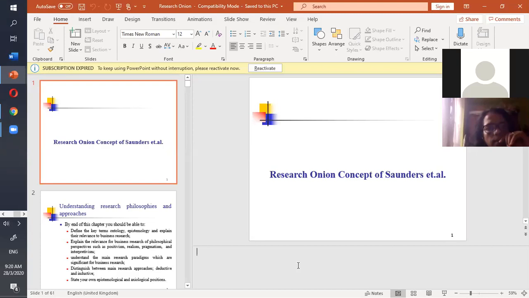Okay, it has this title Onion because he explains it in a nice way where it's kind of peeling off the layers of the onion, where you start from the outer layer and then reach the innermost layer. So this also happens in a very sequential manner.